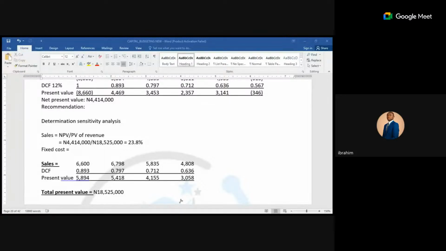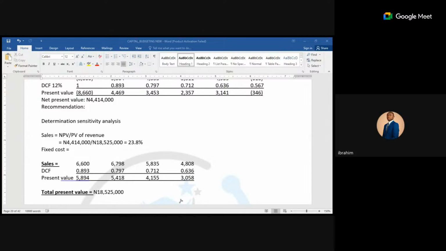In addition, from the above sensitivity analysis of sales, resulting to 23.8%, don't mind me, I'm just using the language of analysis the way I normally do. You can put it the way you understand.